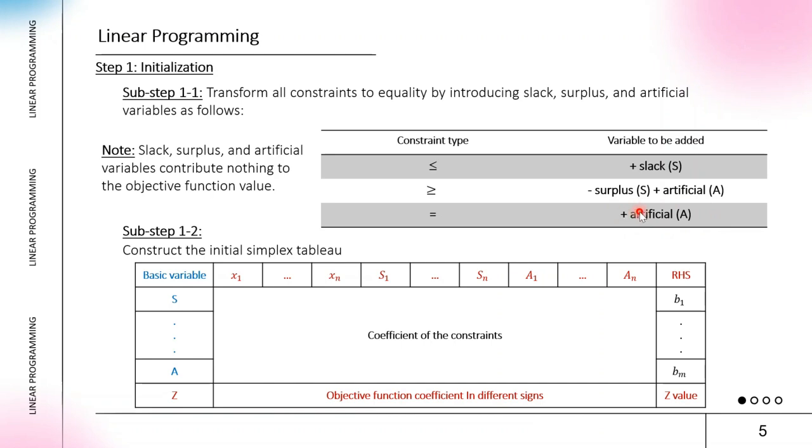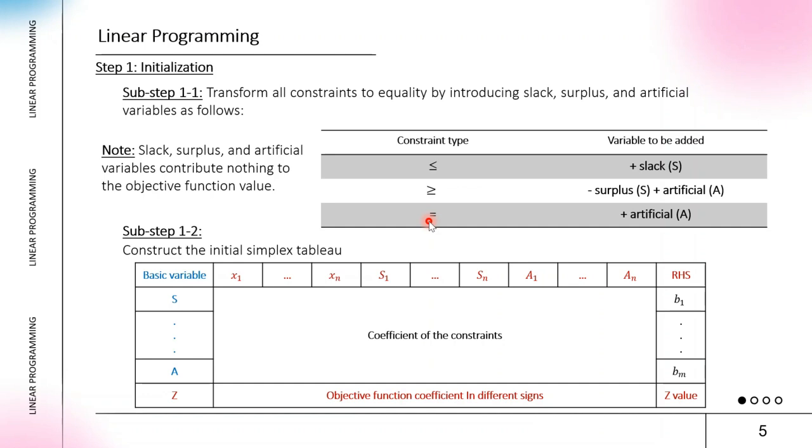Artificial variable is used for constraints in the form of equal to something. It is necessary to mention that the slack and surplus variables only appear in the constraints, whereas artificial variables also appear in the auxiliary version of the objective function using the big M method, but not in the original objective function itself.